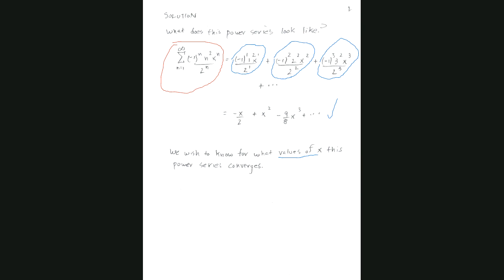However, if you were to go out far enough in the series, like to the billionth term, and after that the terms started looking like a geometric power series, we could then find out for what values of x this series converges, because the convergence of the series is dependent on how the series behaves when n is very, very, very large. Okay, does that make good sense?